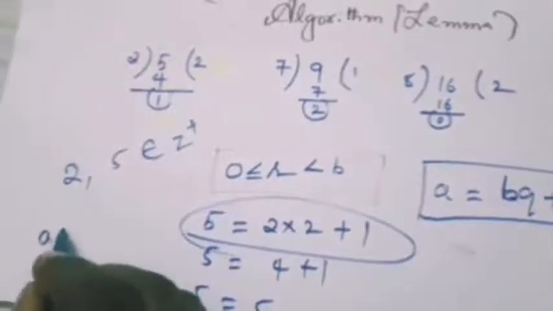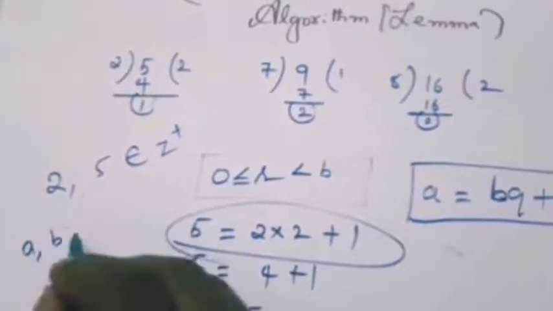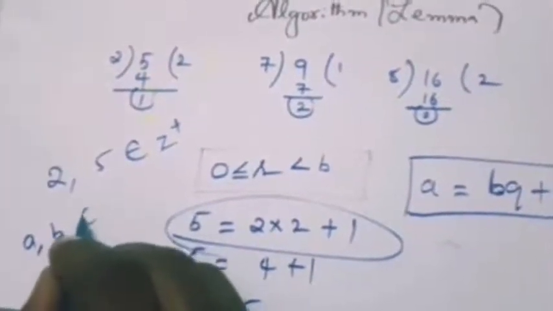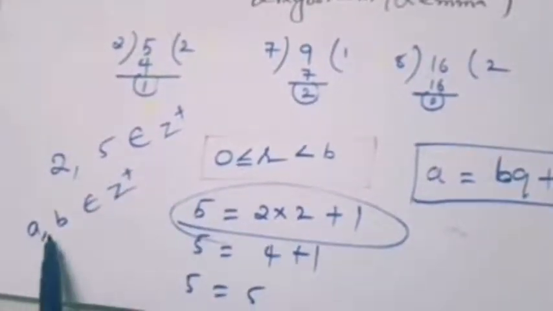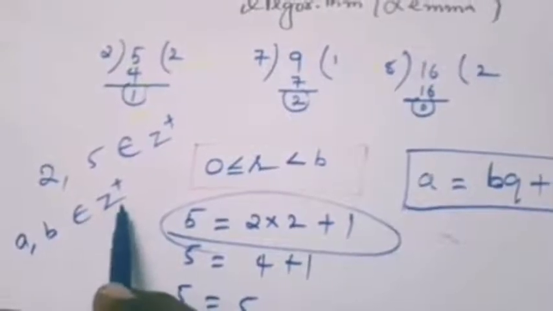So a comma b, any two positive integers.